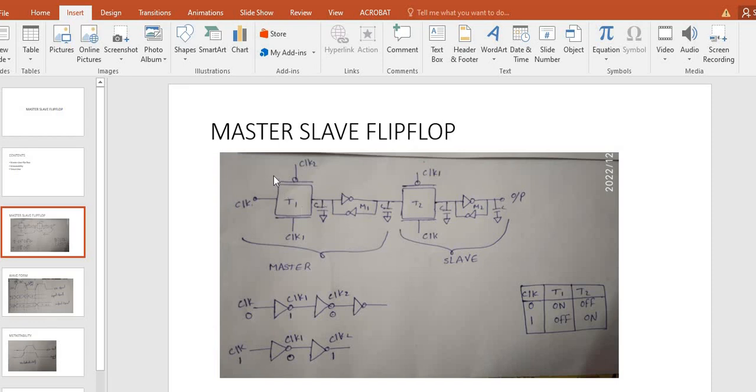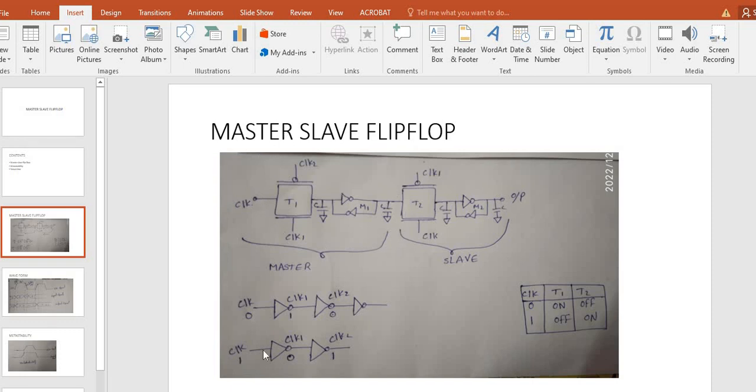The transistor goes from 1 to 0, I am doing it exactly when the clock is also changing. So what will happen at this time? The clock is trending towards the off condition when the clock is equal to 1. When the clock is equal to 1, that pass transistor is in off condition.